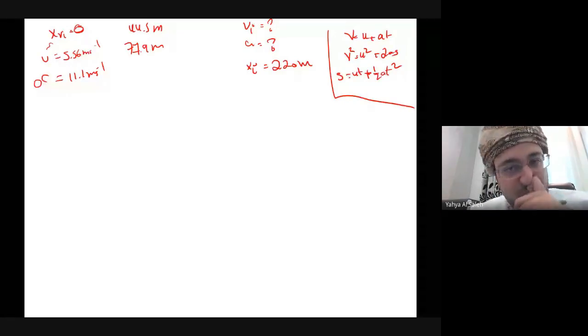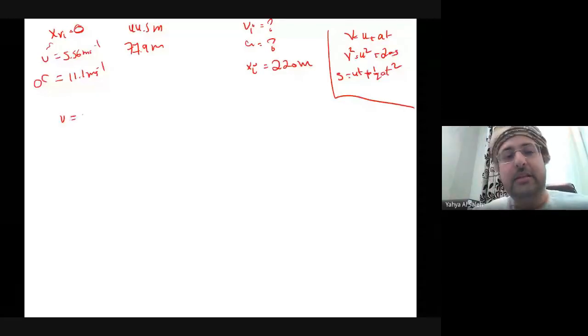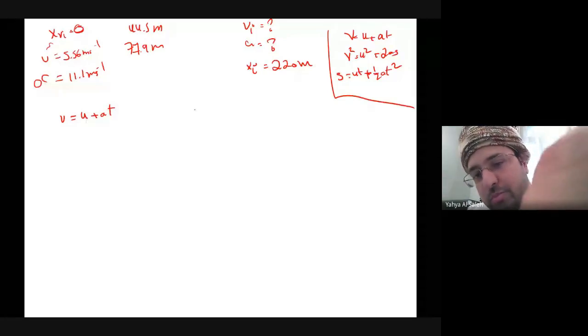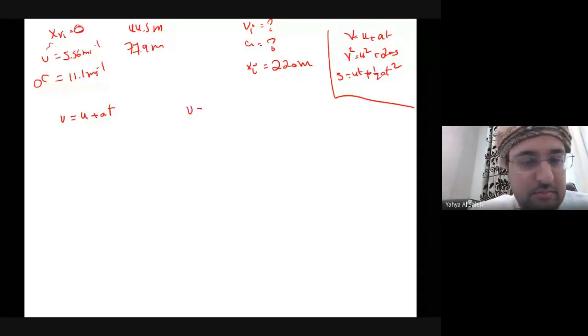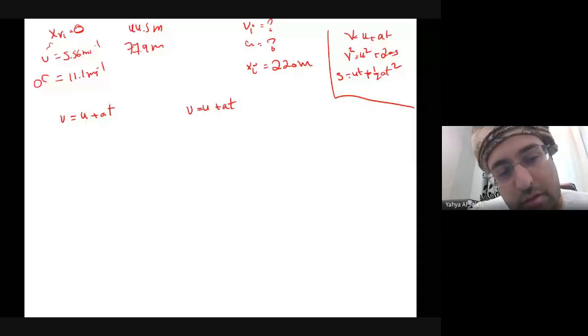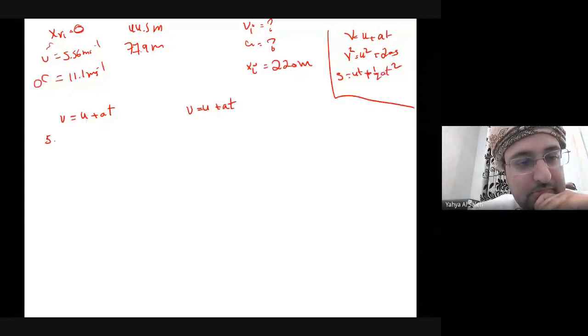So, here I have V equals U plus AT. My velocity here is constant, so it will be 5.56.